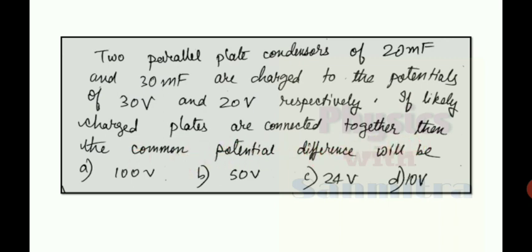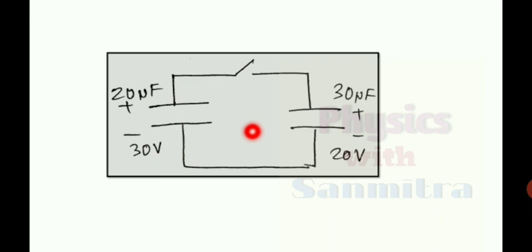Okay, see, this was my case earlier. This is a 20 microfarad capacitor charged to a potential difference of 30 volt, and this is my 30 microfarad capacitor charged to a potential difference of 20 volt. These are my positive plates, and these are my negative plates. Now what will I do here?